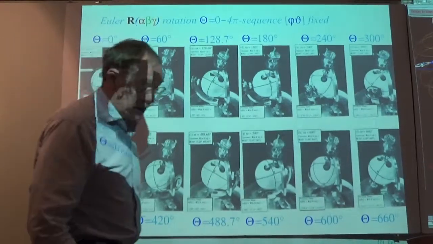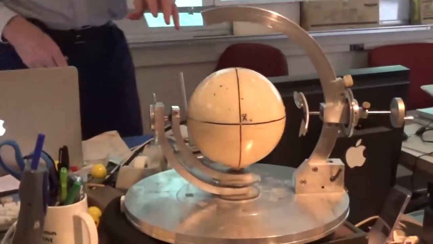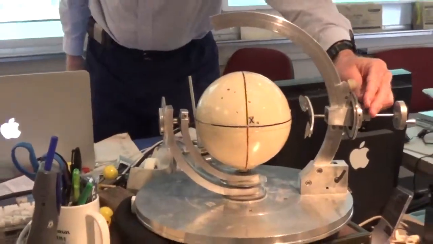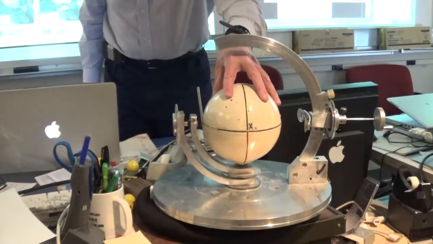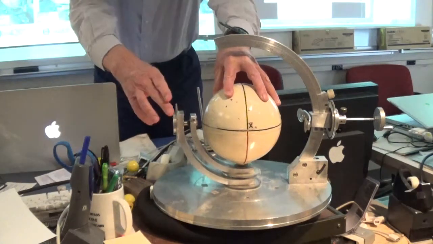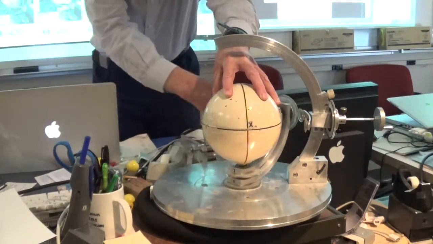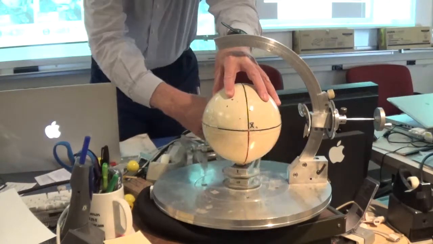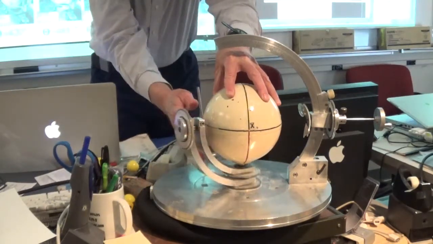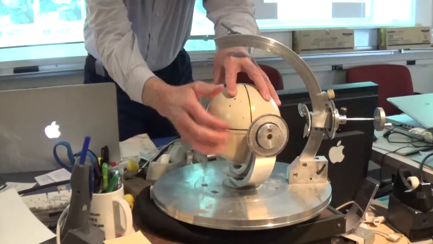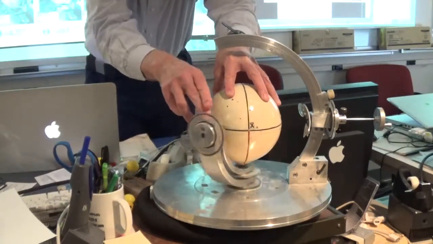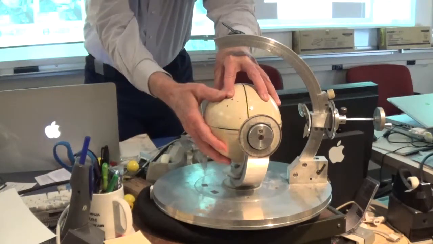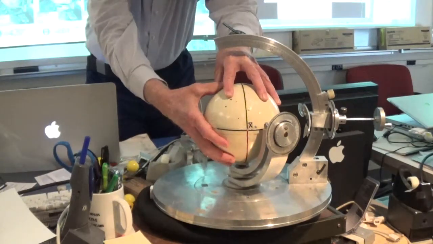I'll go ahead and do that right now just to show you what I mean. If I get this crank out of the way here, I can grab the ball in the 0, 0 position, and without moving it, you see the other coordinates, alpha and gamma, can play. Alpha minus gamma equal a constant, and the ball will not rotate at all if I hold it in the right position.